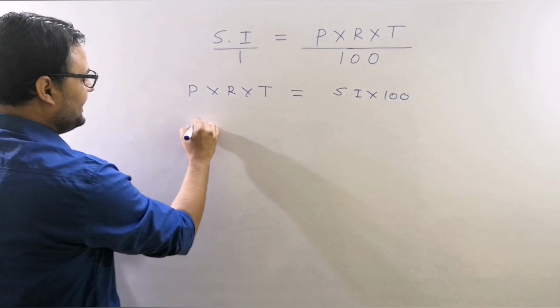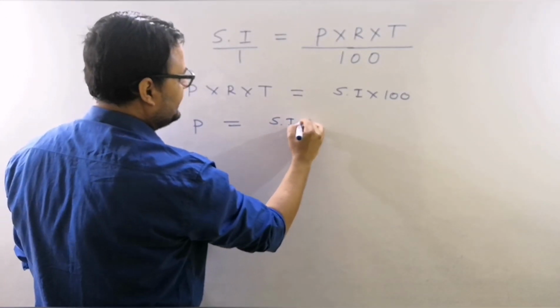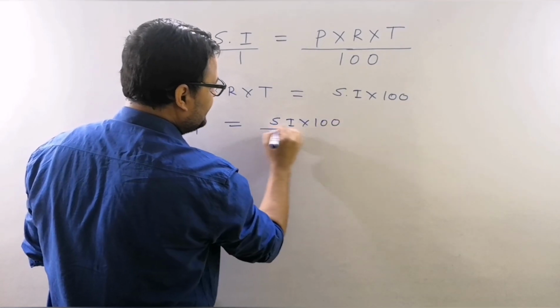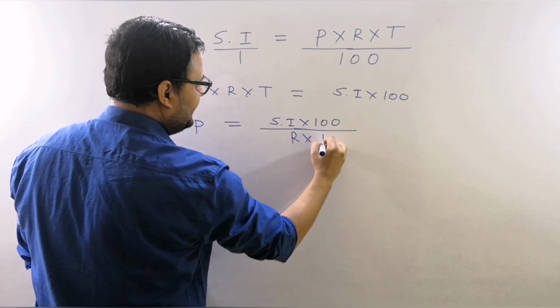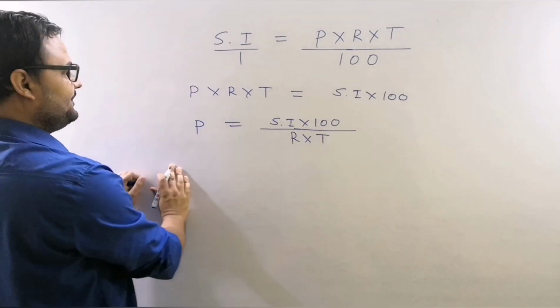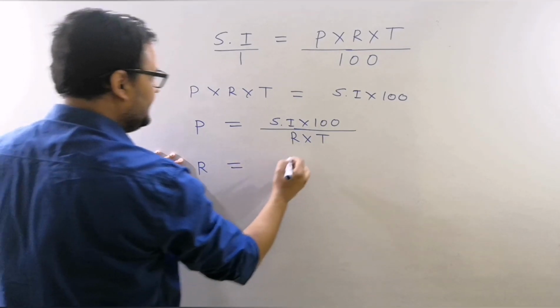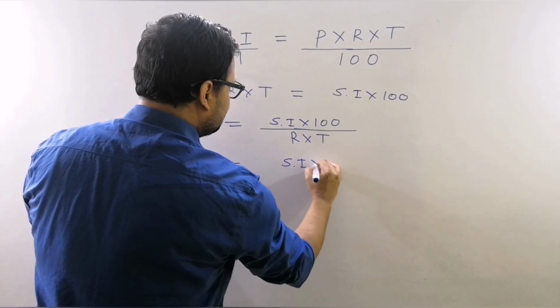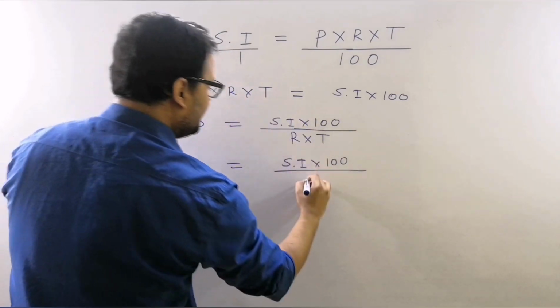And if we have to find P, the P formula is SI into 100, and R into T will come down. The same way, if we have to find rate, the rate formula is SI into 100, and P into T will come down.